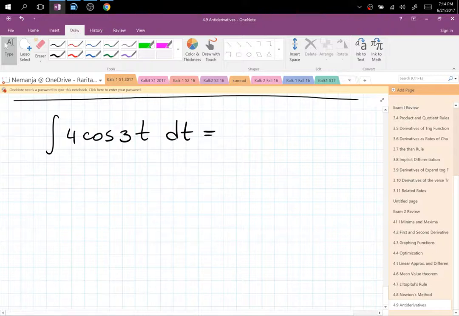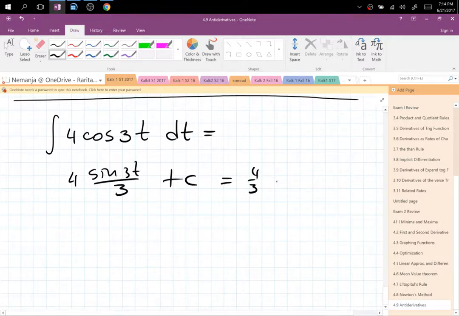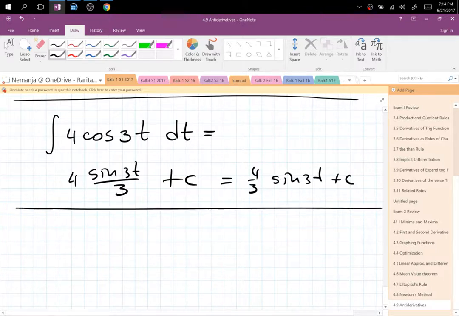He is right. So we copy 4. The derivative of cosine is positive sine. So we have sine 3t divided by 3 plus c. So 4/3 sine 3t plus c. Nice. Integrals.